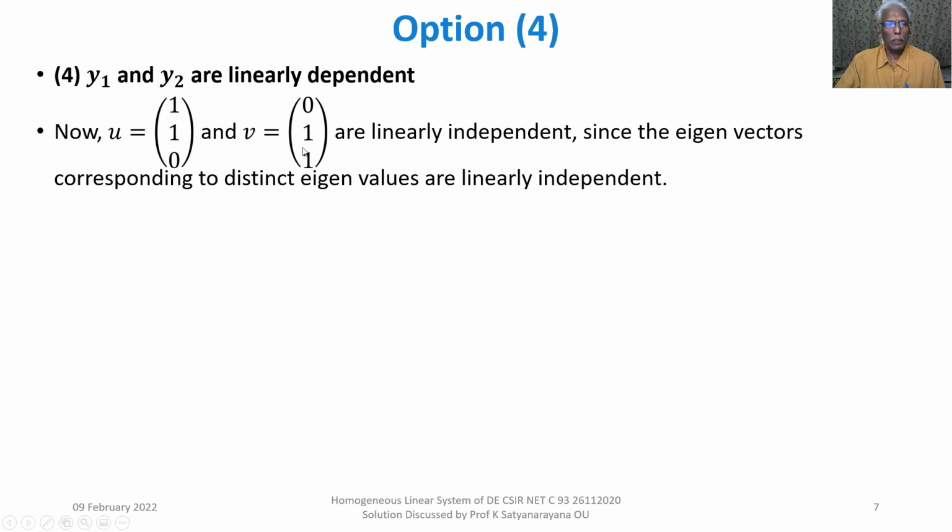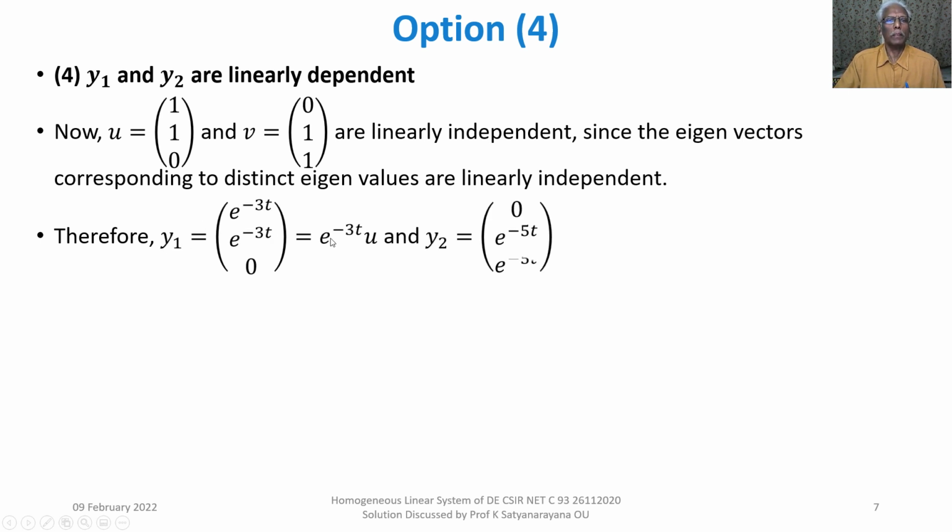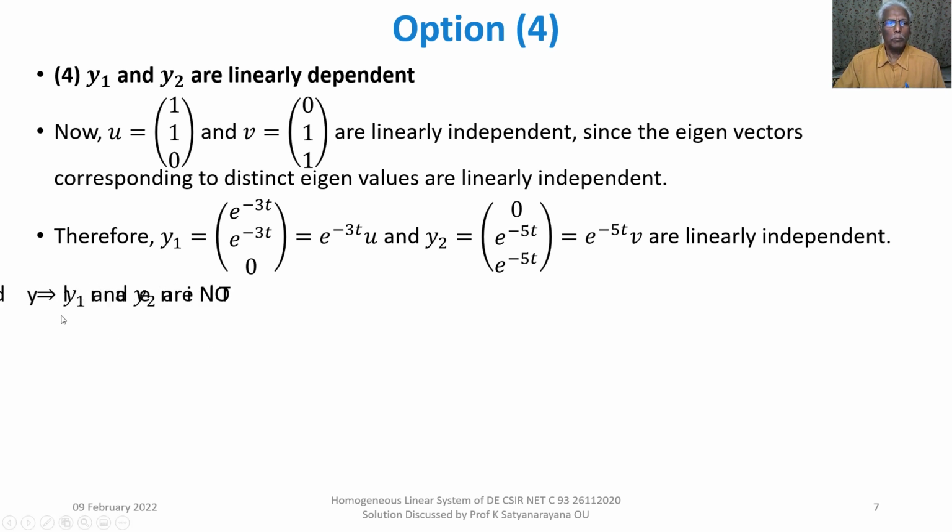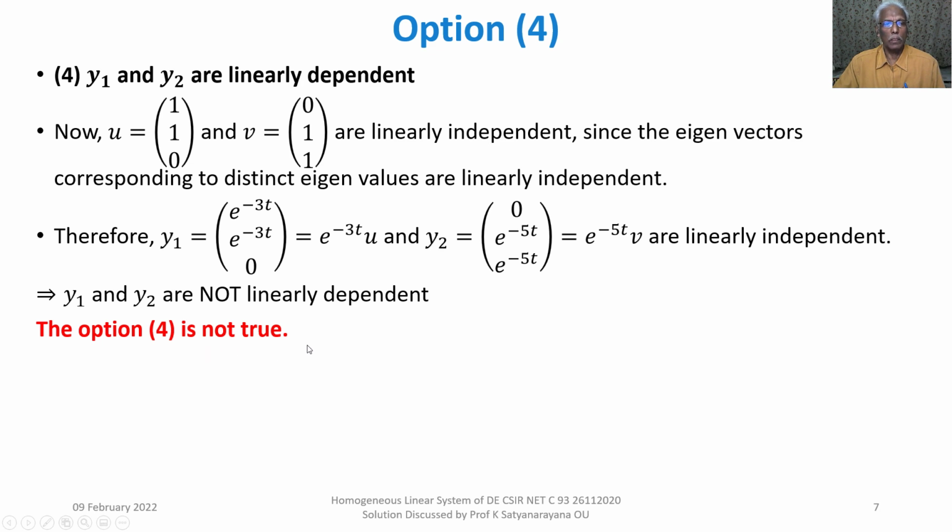Therefore, y1 equal to e power minus 3t u and y2 equal to e power minus 5t v are also linearly independent. This implies y1 and y2 are not linearly dependent. Therefore, option 4 is not true.